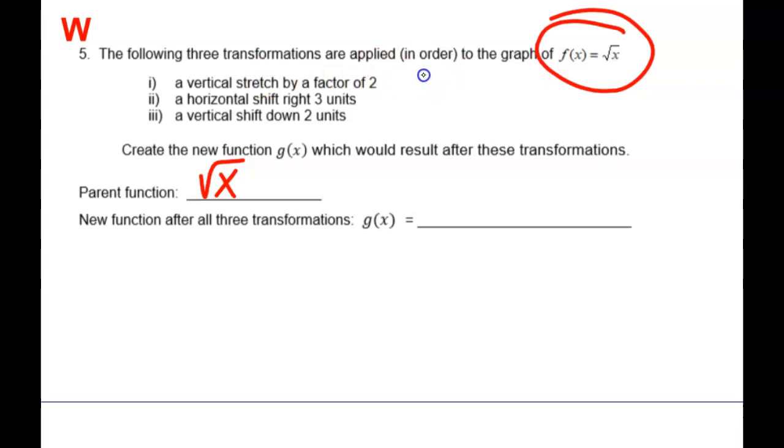Vertically means we just put it on the outside of the function because it's changing the y's, not the x's. A horizontal shift to the right 3 changes x values, but it's the opposite of what it seems, so it would be minus 3. And down 2 is y values, so it's on the outside and it shifts it down 2.